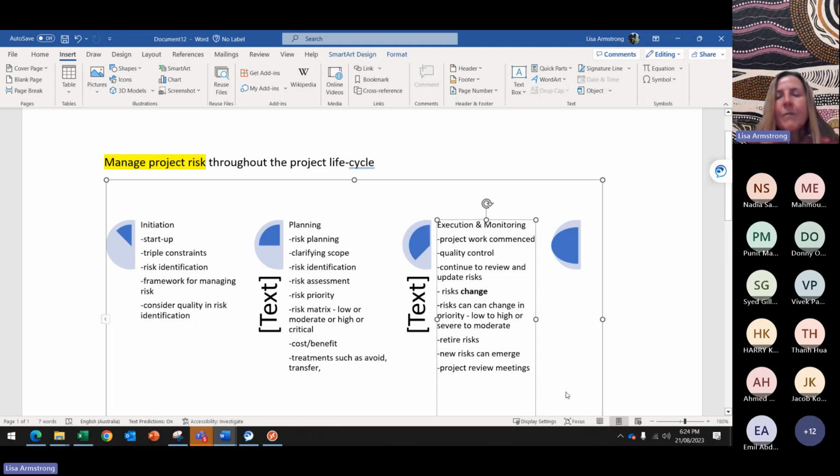We might have that on Monday or whatever the case may be, because we need to review and take some time out to check that those controls and treatments we documented in the planning stage are still current, that important piece around risk currency.